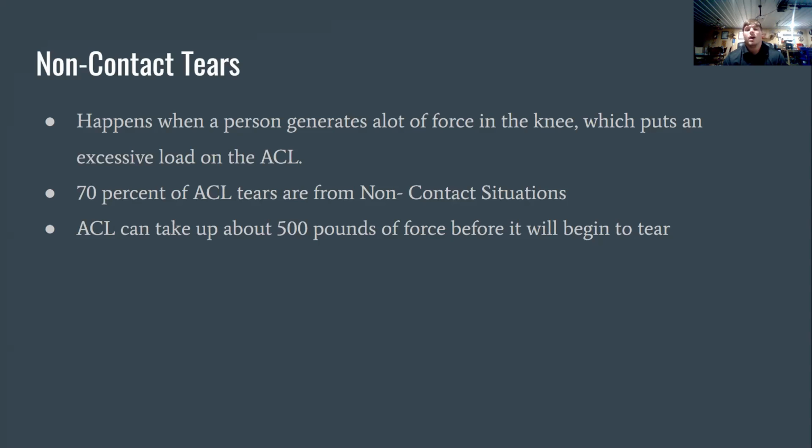Come to find out, my sister had a rare case where the ACL in her right knee was a third of the size it was supposed to be, which for me was kind of cool. It's something that a lot of people can't say. But my sister struggled with her ACL a lot. Because of that, they ended up having to take a ligament out of her hamstring, I think, and put it in there. So that goes with the ACL.